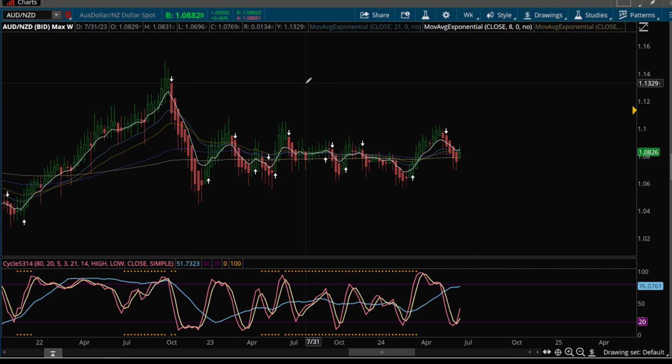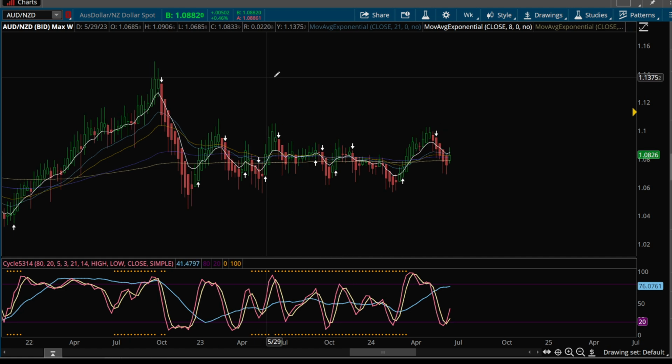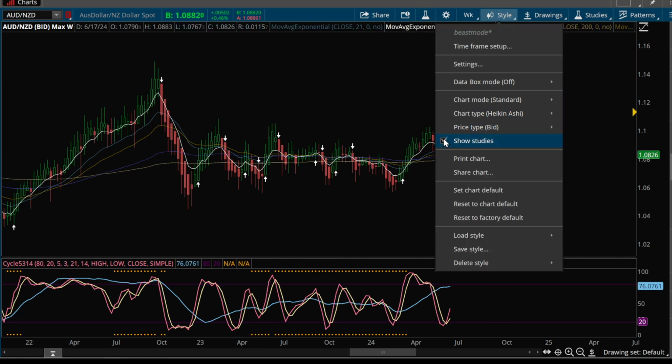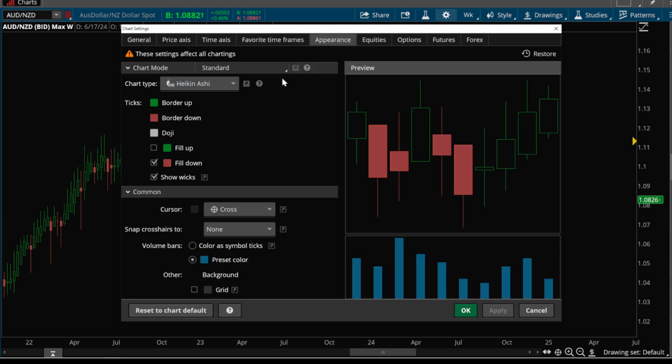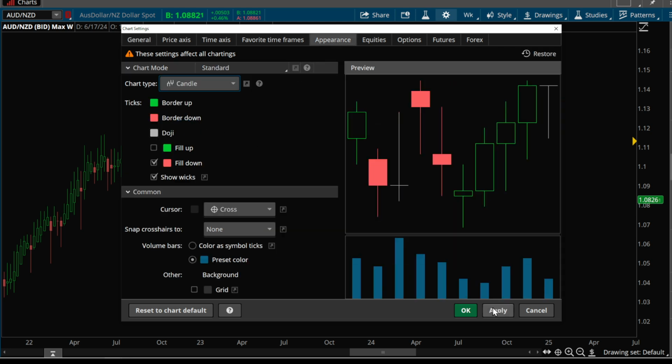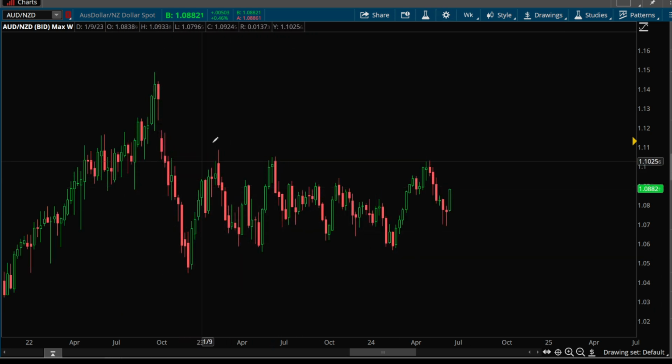I've got to change this. Let me clear these indicators off and put the chart on just for a minute. I'll go back to Heikin-Ashi after this, but Aussie New Zealand looks like a nice trade.